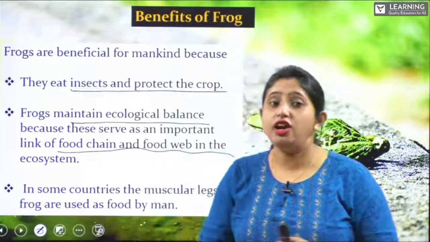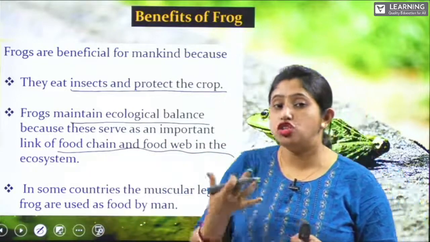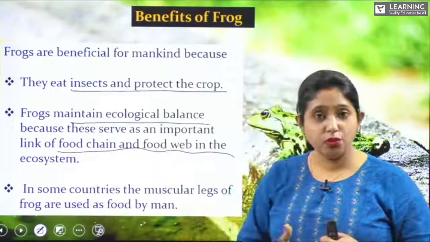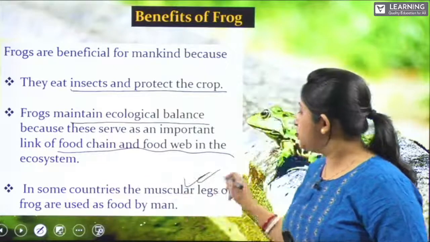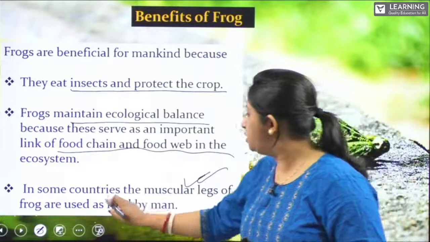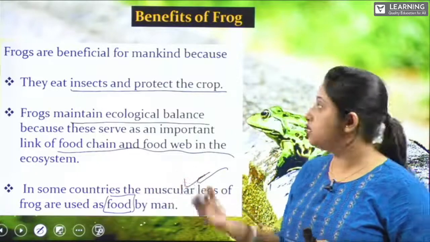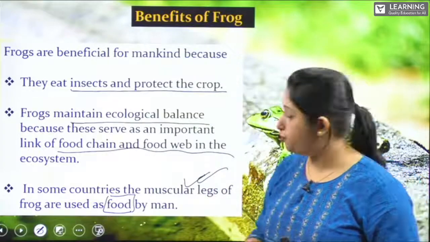In that way the ecological balance is maintained, the food chain is constant. So it also helps in maintaining the ecological balance. And in some countries it is also taken as food. So this is the benefit of the frog, how it is helpful to us.